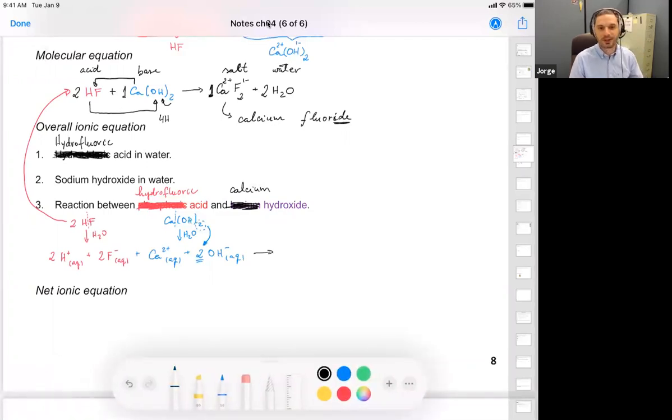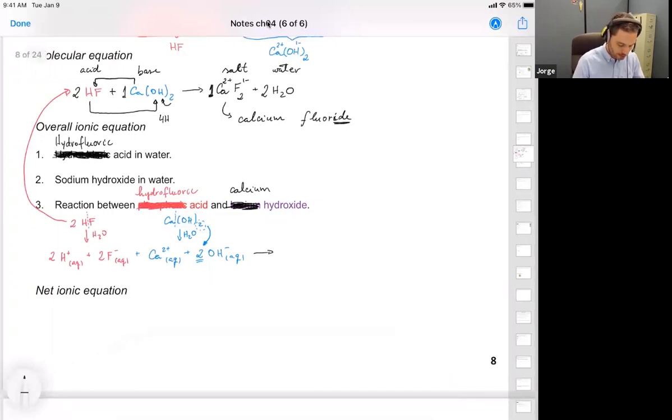Now the reagents are in the ionic form. So we need to produce salt and water. H plus is going to combine with OH minus. And we know that this will produce 2 water molecules.